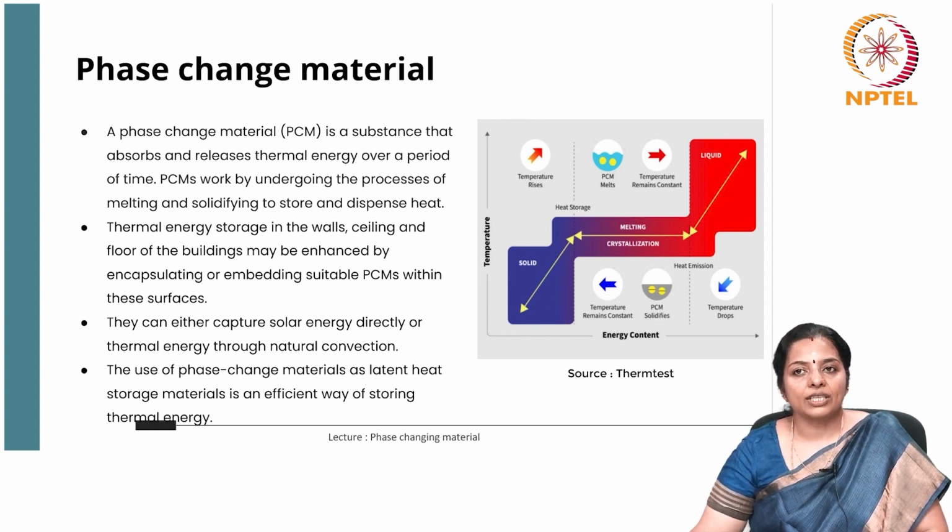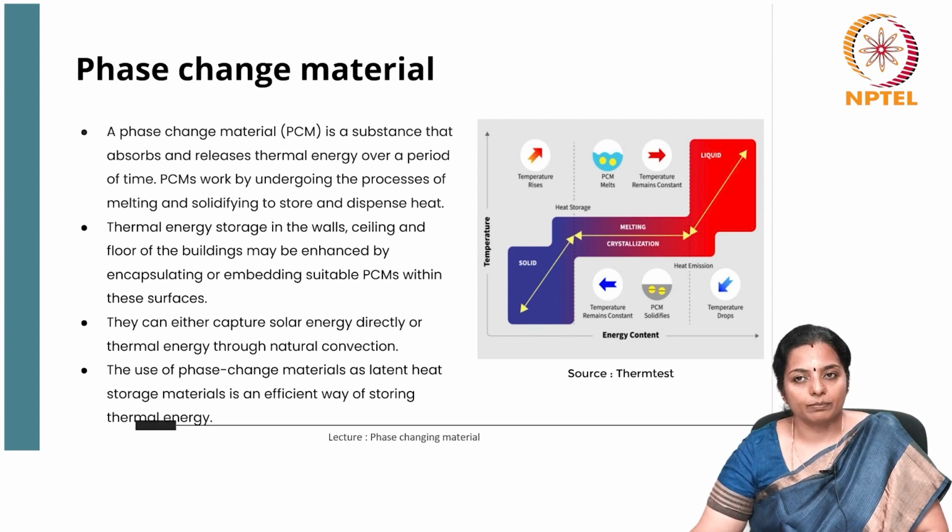Thermal energy storage in the walls, ceiling and floor of the building may be enhanced by encapsulating or embedding suitable PCMs within these surfaces. They can either capture solar energy directly or thermal energy through natural convection. The use of phase change materials as latent heat storage materials is an efficient way of storing thermal energy.